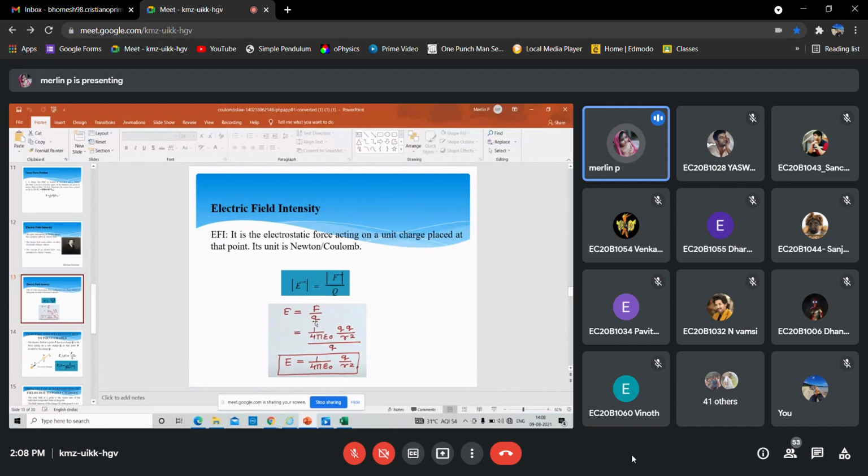E is equal to F by q, we know. So one by 4 pi epsilon naught, one charge into the other charge, Qq divided by r square, divided by the unit charge q. So q and q get cancelled in the numerator and the denominator. So what is the electric field intensity? You will get one by 4 pi epsilon naught Q by r square. This is the formula which is used universally. Electric field intensity is equal to one by 4 pi epsilon naught Q by r square.